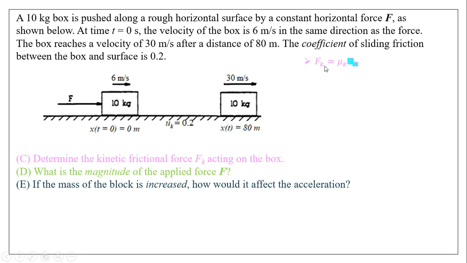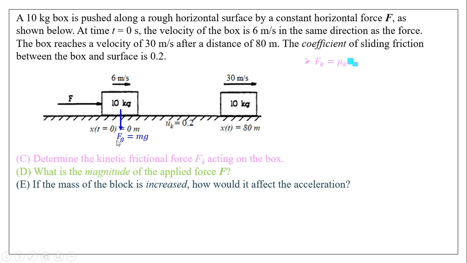So F of K is equal to the coefficient of kinetic friction times the normal force acting on the box. Well, we can find what the normal force is simply by drawing our free body diagram out. Here's the box. The blue arrow that just popped up on the screen, that is your F of G. The weight of the box is going to be directed downward, onto the surface, hence pushing down on the surface.